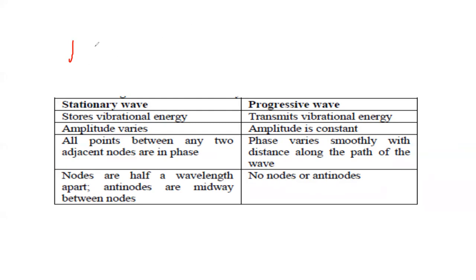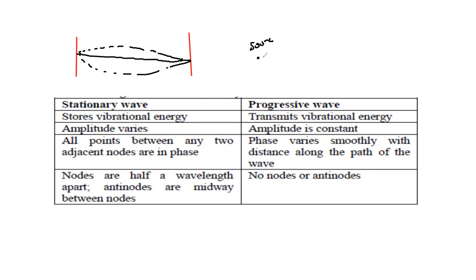In a stationary wave, the wave is confined, trapped in the region, so it cannot go from this region to another. It stores the vibrational energy, and the vibration energy stays there. But in a progressive wave, the energy travels from the source from one place to another.